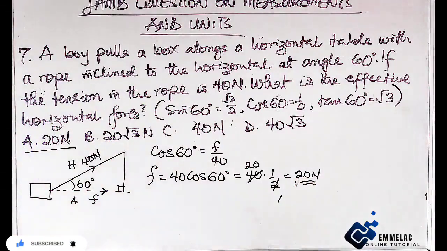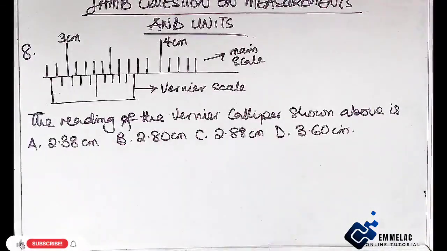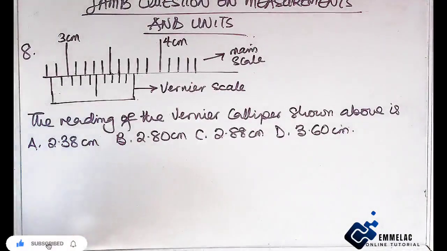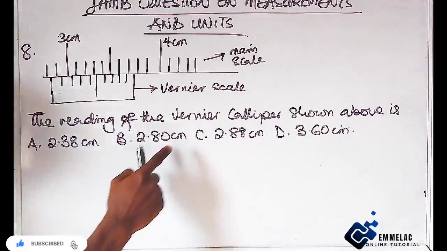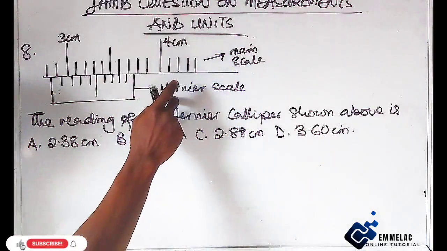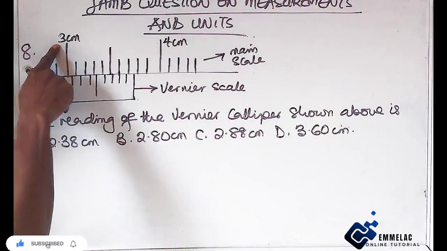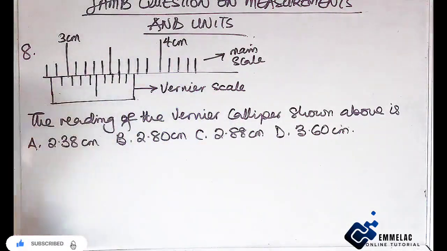Alright, now let us move to number 8. For number 8, we are given this vernier caliper scale, and we are told the reading of the vernier caliper shown above, and these are the options. Looking up here, we have the main scale and the vernier scale, and you can see it started from 3, and here we have 4.